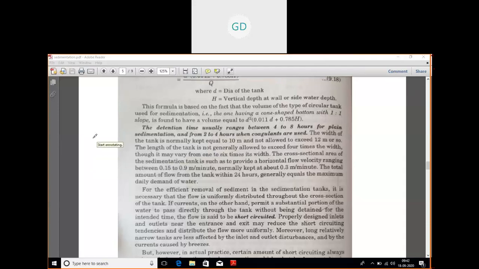Your chapter one is basically about volume one, that is water supply engineering by S.K. Garg. This is volume one.